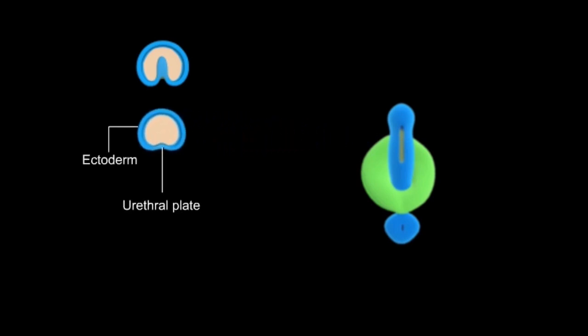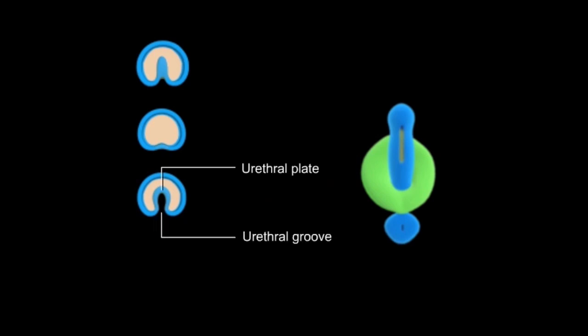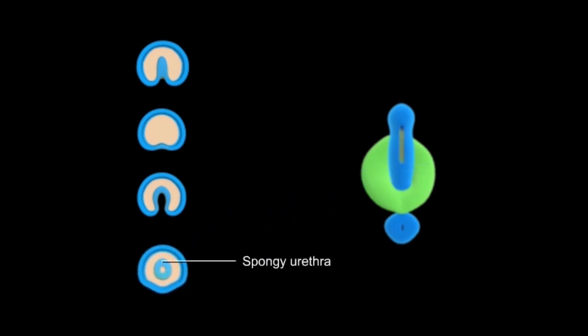Similarly, the labioscrotal swellings grow and fuse in the midline, forming the scrotum. This fusion is marked by the scrotal raphe. As the urethral folds fuse, the urethral groove is formed and the spongy urethra sinks below the surface. The overlying surface ectoderm fuses along the midline, marked by the penile raphe.